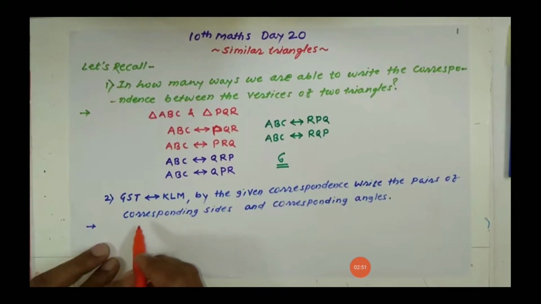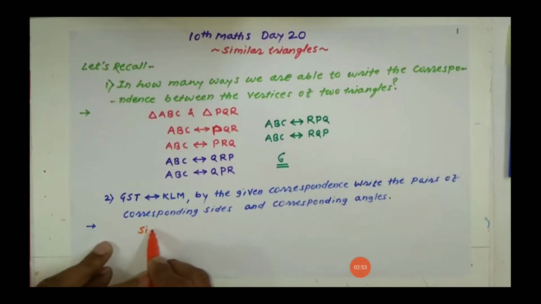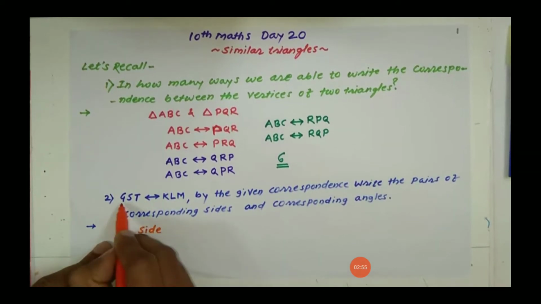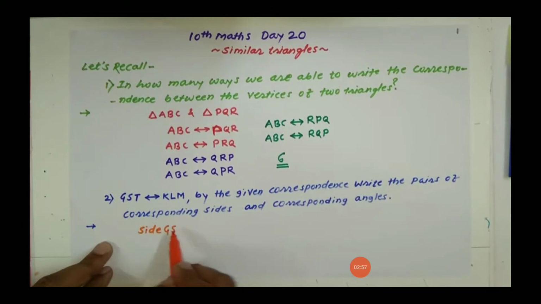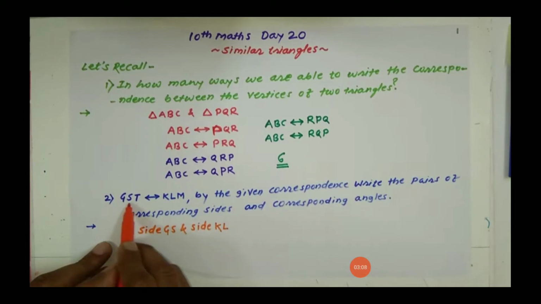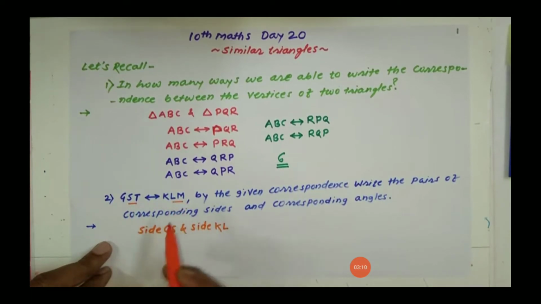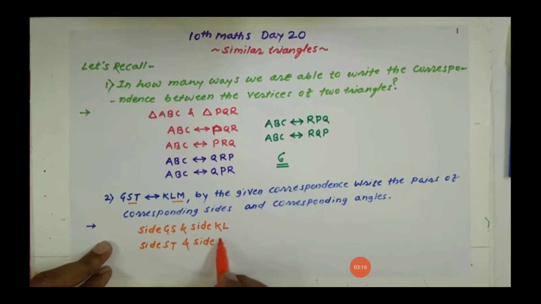So I am writing the corresponding sides first. See, you all know, side GS. So I have to take the first 2 letters. Yes, corresponding side KL. Okay, then side ST and side LM.